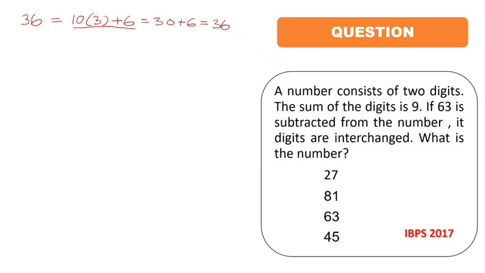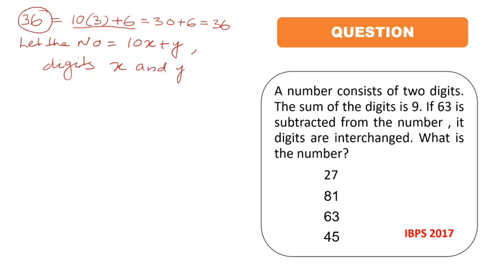Similarly, when we talk about a two-digit number in terms of x and y, let the number be equal to 10x plus y, whereas the digits are x and y. Here also 36 is the number, digits are 3 and 6, whereas the number is 10 into 3 plus 6, because 3 is in the tens place and 6 is in the unit place.